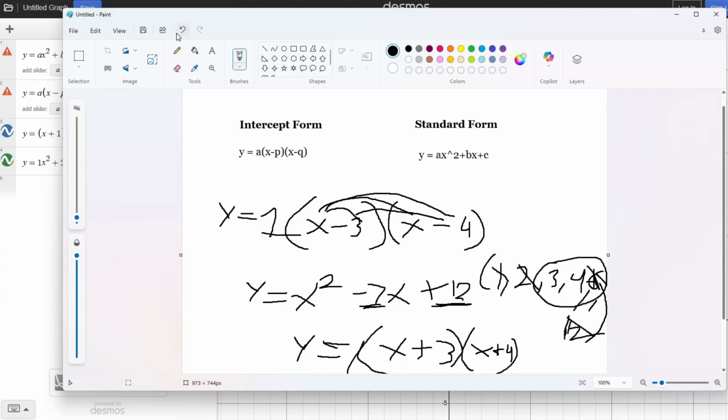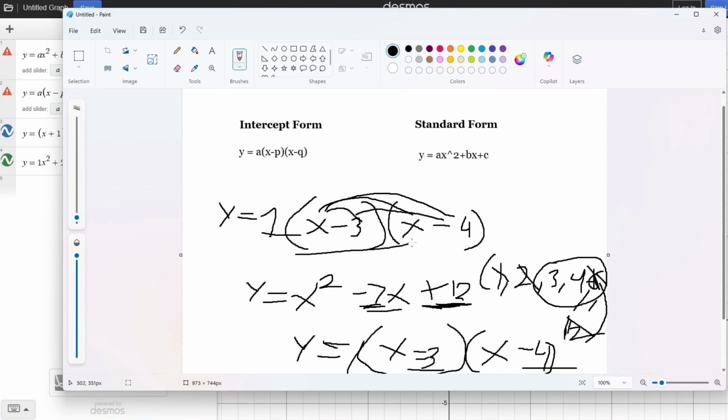So we make them negative, since negative times negative is positive. So x minus 3, x minus 4. Negative 3 and negative 4 add up to negative 7 while also multiplying to positive 12, and that's our original equation.